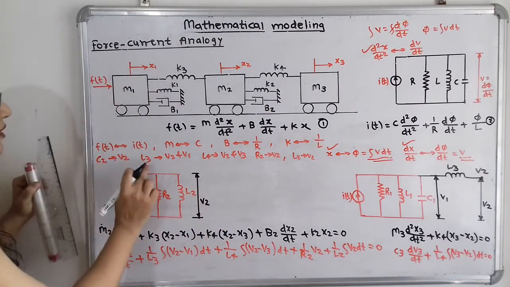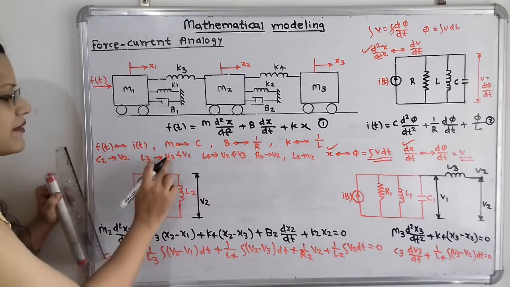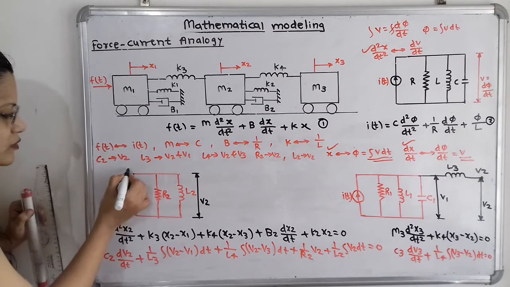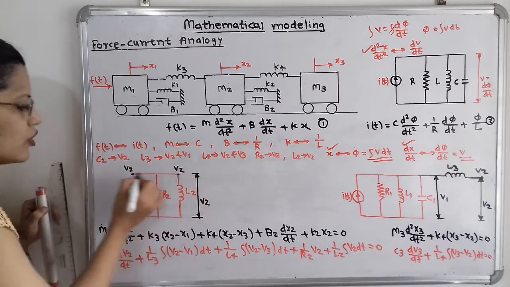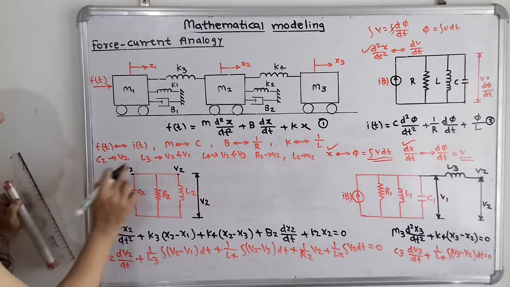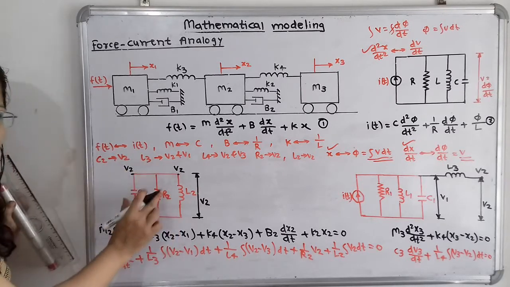Now if we observe, L3 is having voltage in between V2 and V1. So here is the starting point. Here is also voltage V2 and here is also voltage V2. So voltage V1 is before that. We have to connect L3 in series with this connection.